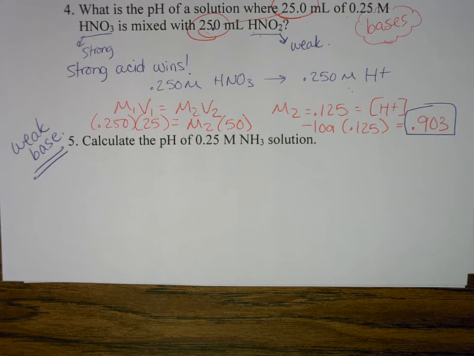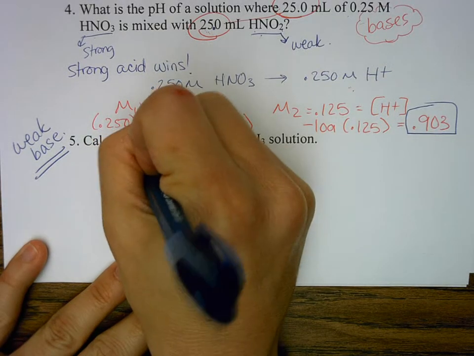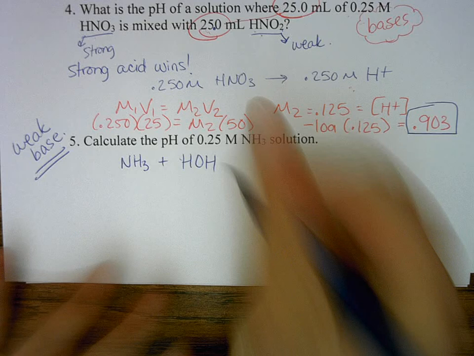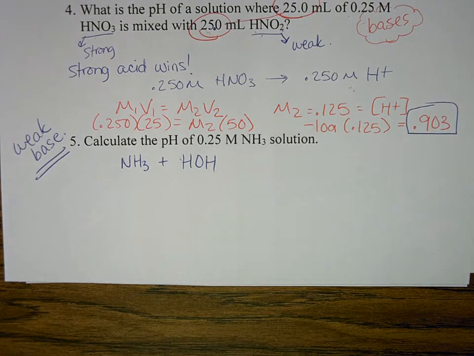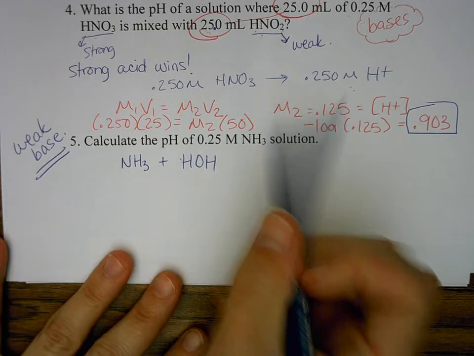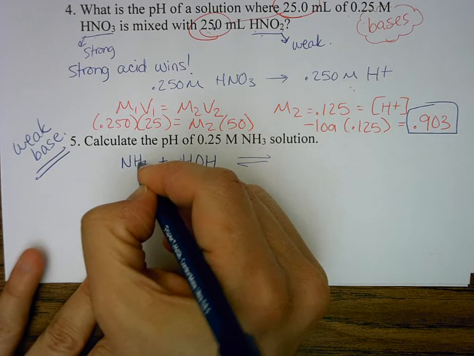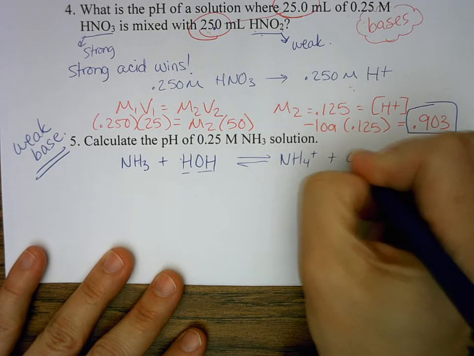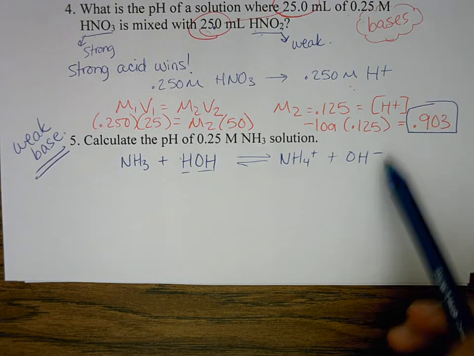So when I have NH3 in solution, when you're dealing with bases, with acids we kind of leave off the water even though we know it's there because we just deal with the dissociation of it. With bases, it's helpful to draw out the water molecule as HOH so that you can show the hydrogen comes over here from the water and you get NH4 plus, and then you have OH minus as a product as well.